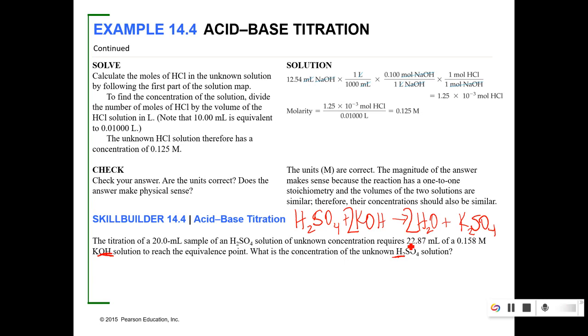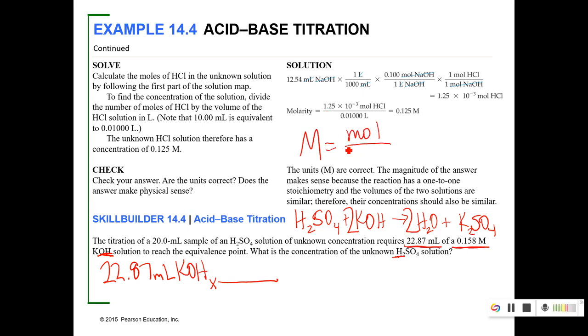Now remember, we do solution stoichiometry with volume, but it's the volume that we have the most information about. So I'm going to start with this 22.87. Now, while the 20 milliliters was a volume, we did not have any other information about it, so we can't use that one. Remember, molarity split. So molarity is moles per liter, and it's always 1 liter when you split it like this.